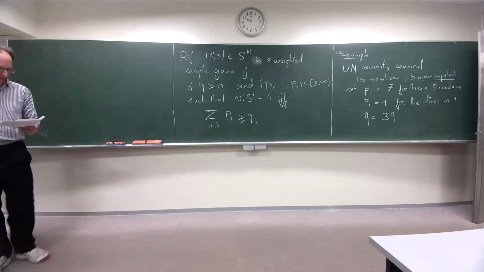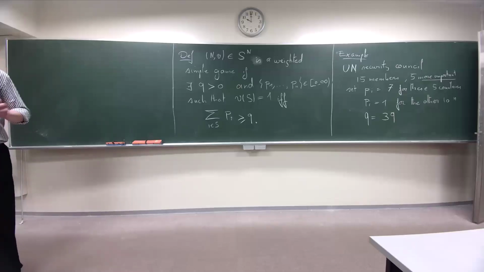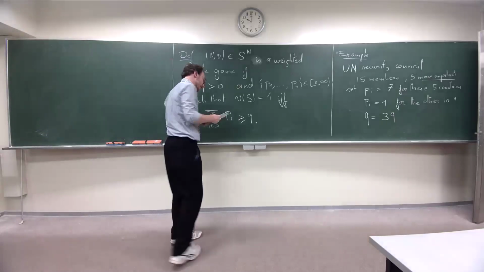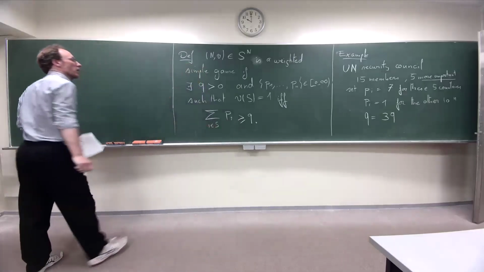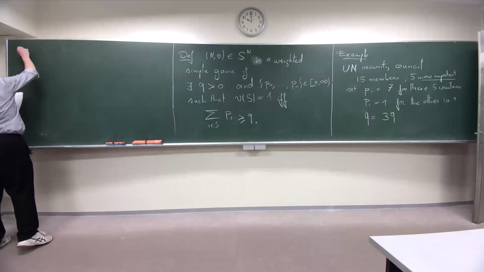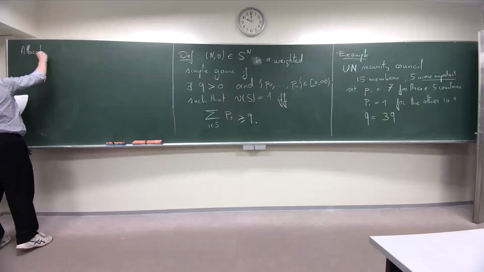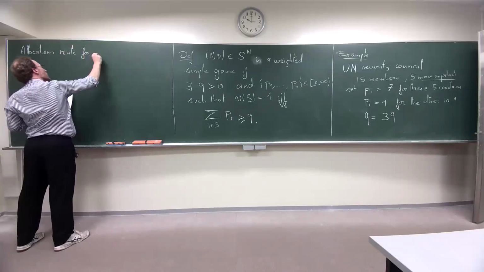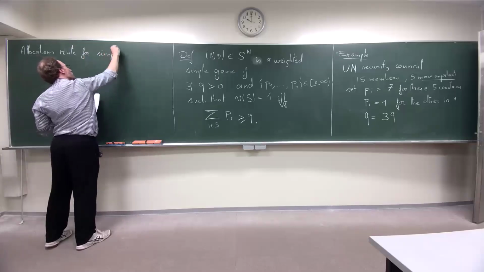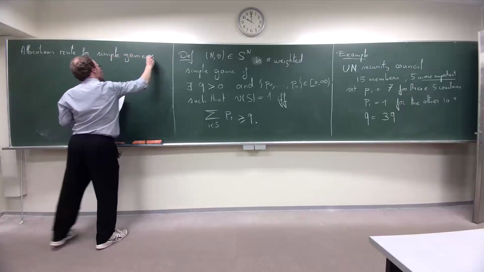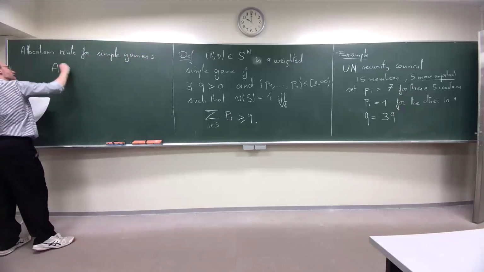Okay. What is an allocation rule for simple games? I gave you one definition, but we look for an allocation rule for simple games. There is one problem: additivity.